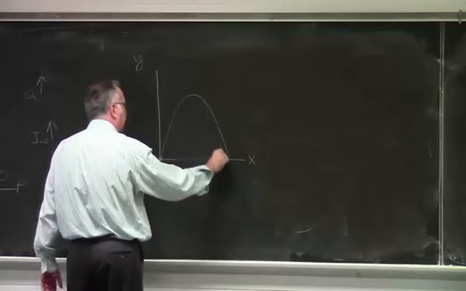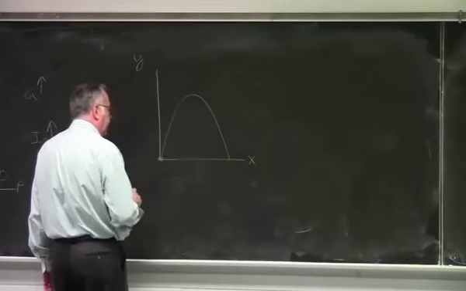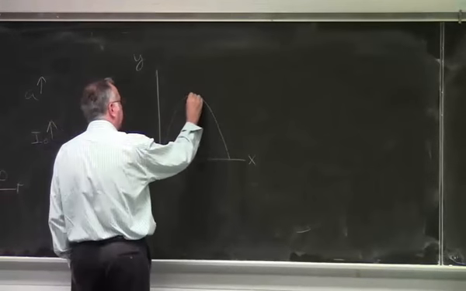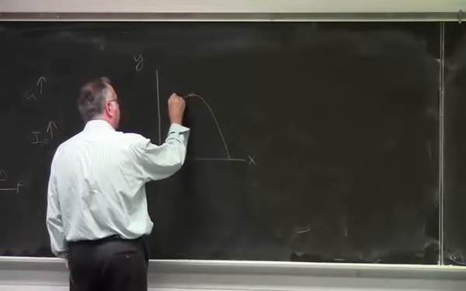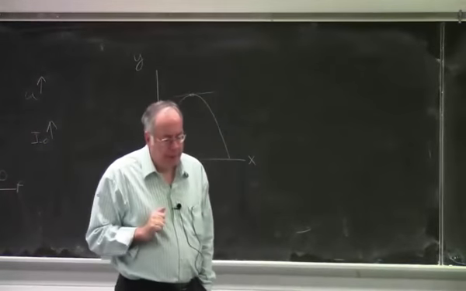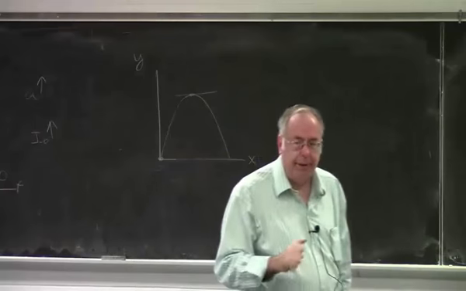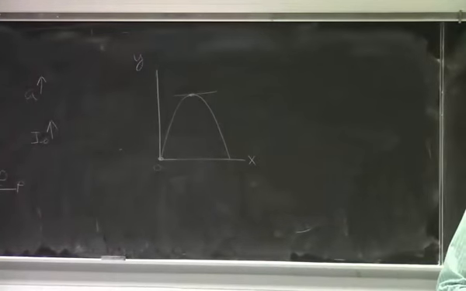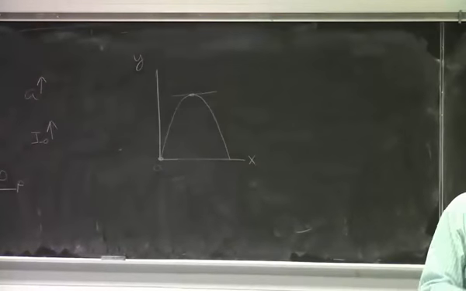Now, an interesting question would be, where does this reach its top? This looks like a hill. At what value of x do you reach the top of that hill? How would we find that? Right, set the first derivative equal to 0.